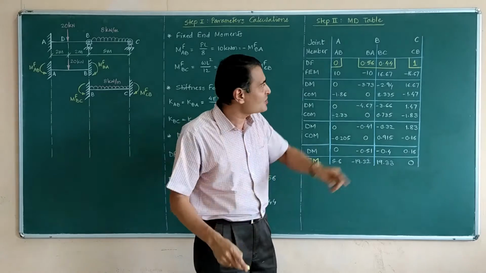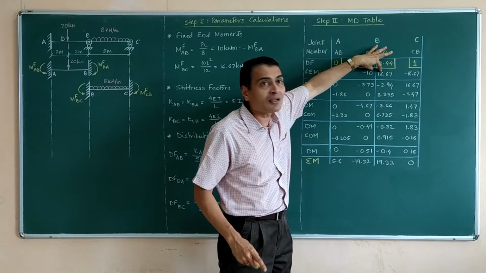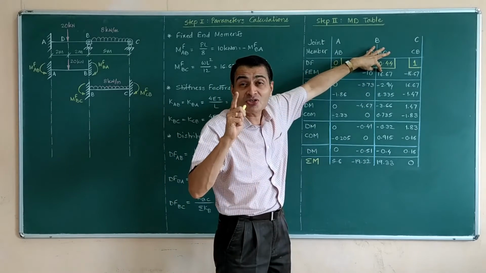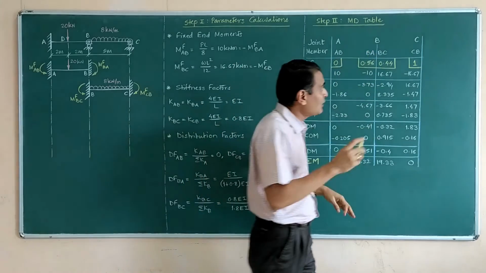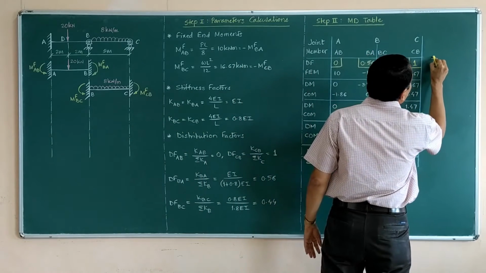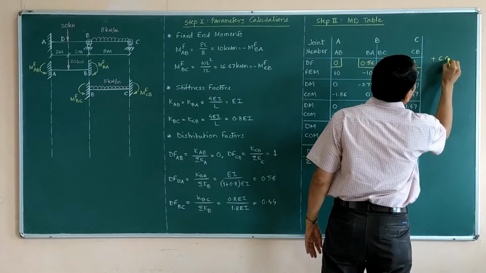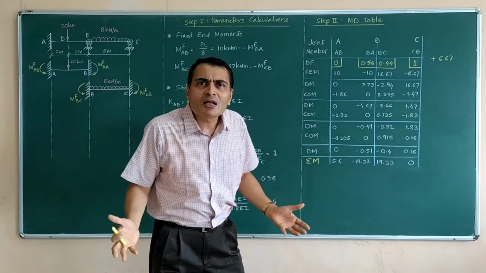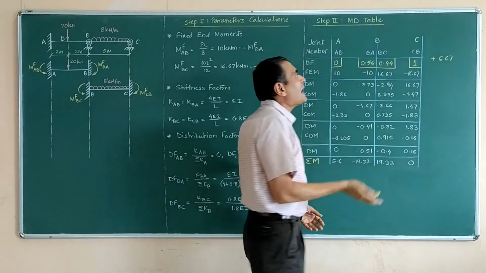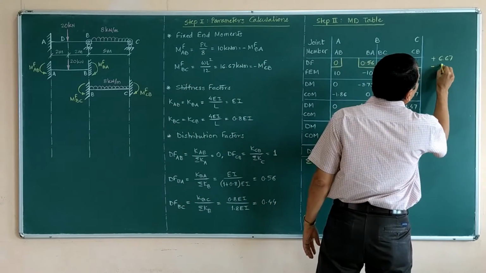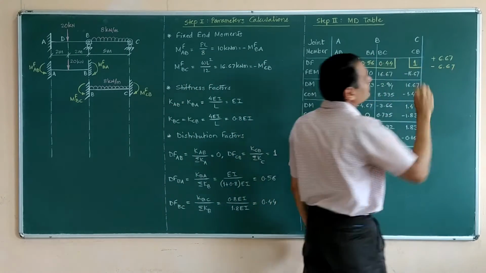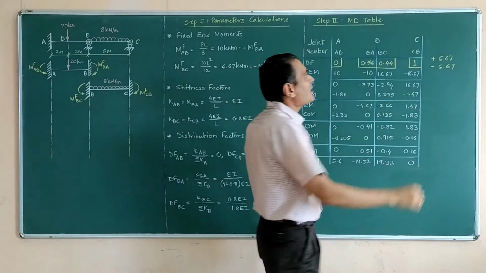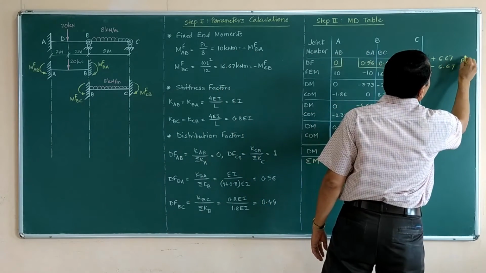So the logic is this: there is an imbalance of plus 6.67. Let me write here, imbalance of plus 6.67. I don't like these imbalances, so what do I do? I apply negative 6.67. All this is happening at joint B.